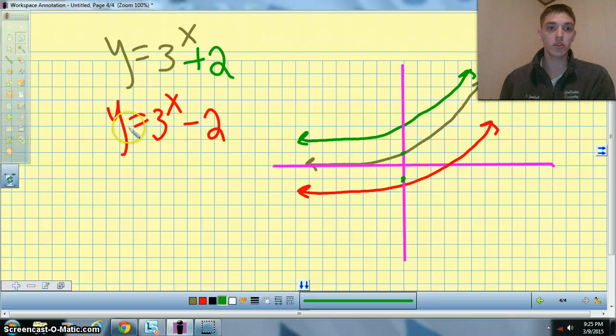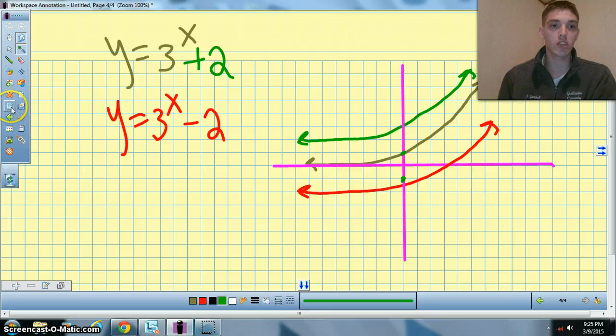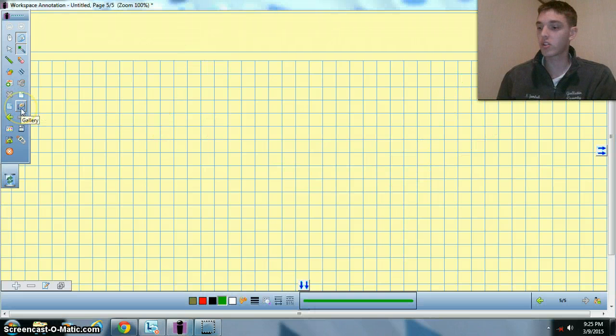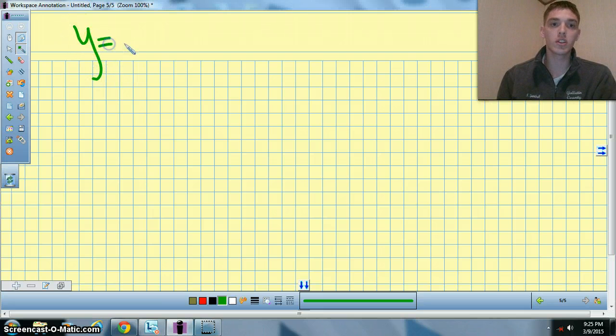Okay, and then there's a couple other things we need to look at with these graphs. So what happens whenever we have a negative in front of our base number?